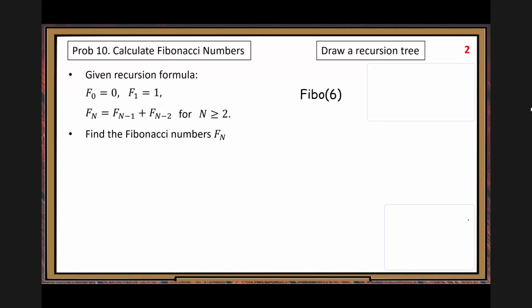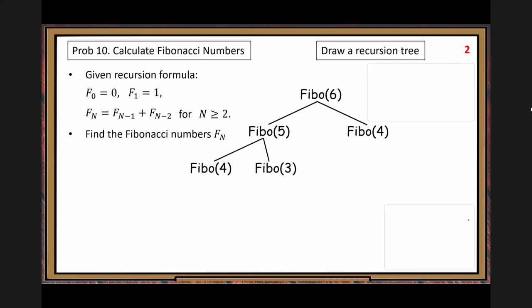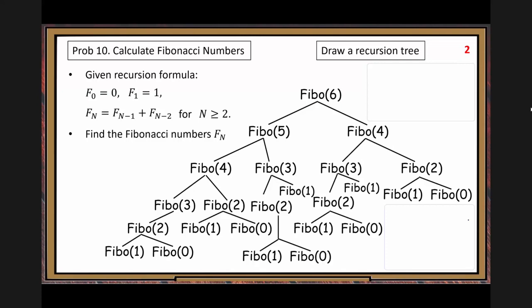In order to calculate Fibo of 6, we need to calculate these two Fibo numbers, Fibo of 4 and 5. In order to calculate Fibo of 5, we need to calculate Fibo of 4 and Fibo of 3, and so on. Now you can see the whole complete recursion tree looks like this.